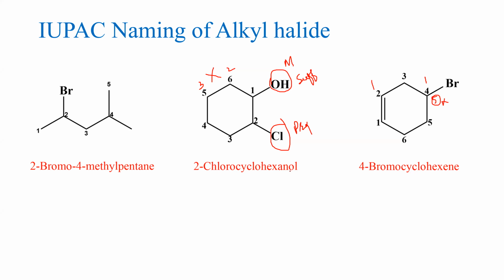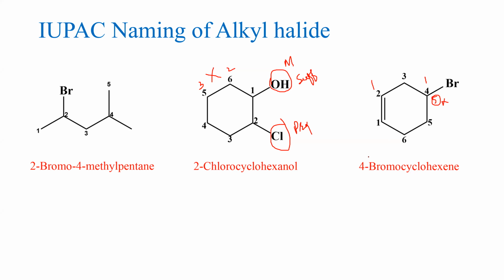But in cyclic structures, it is understood that this is at the first position, so we do not write the 1 position, and we mention the rest of the positions, unless there is another substitution at the first position.